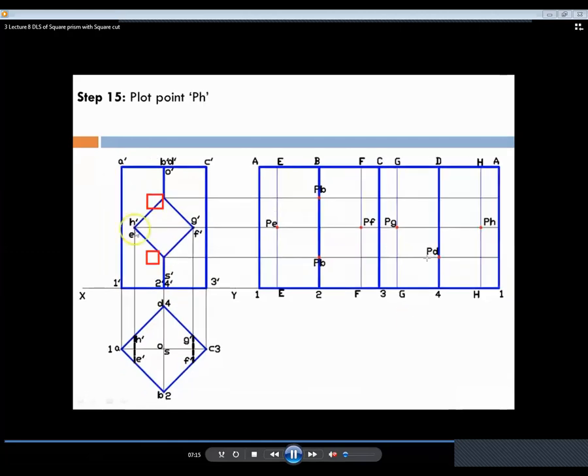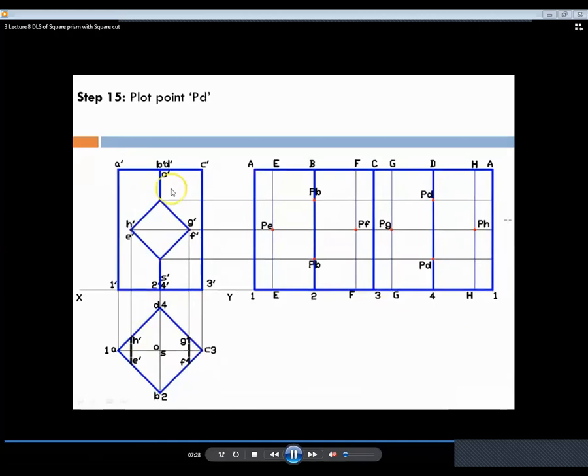These points you should plot on the capital D line at bottom and top also. The H point will be on the capital H line. So we'll get these 8 points.